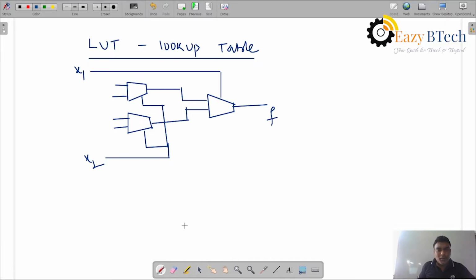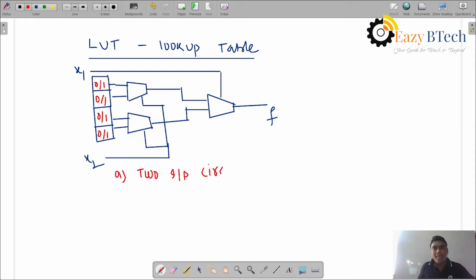The data stored here may be 0 or 1. Okay, so circuit A is a two input lookup table circuit.